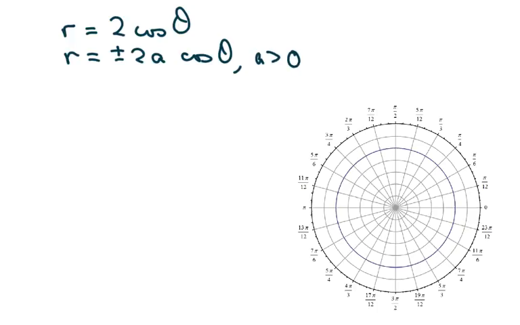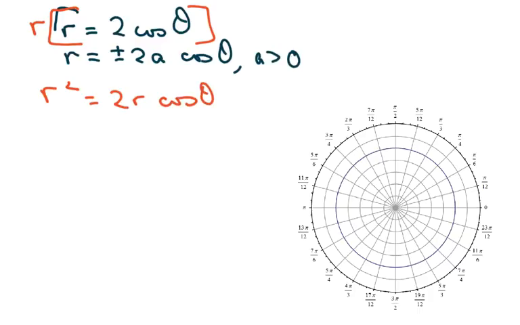So it's a circle passing through the pole, and we need to transform it. So basically, I'm going to multiply my original equation by r. So it's r squared equals 2r cosine of theta.